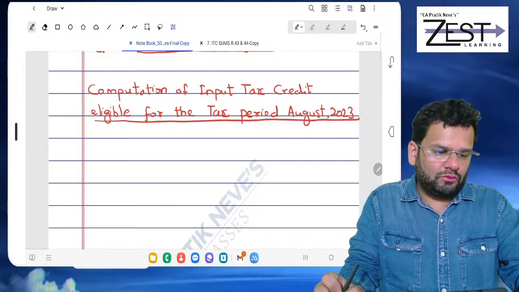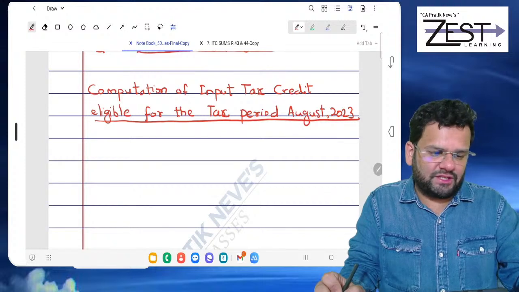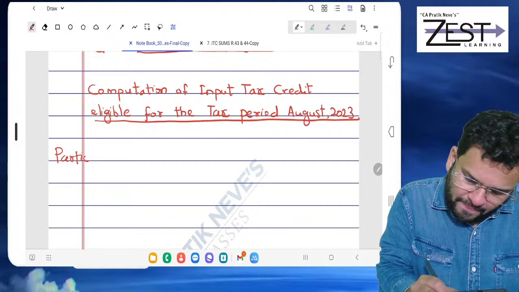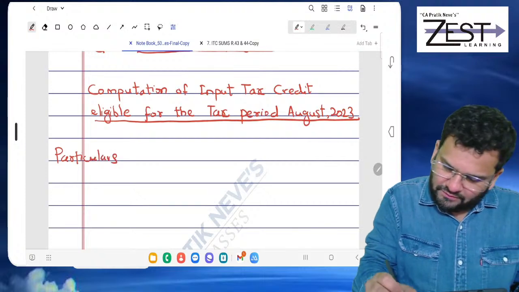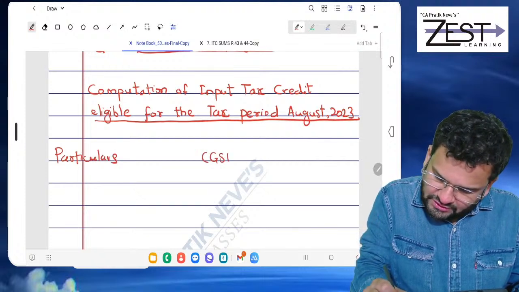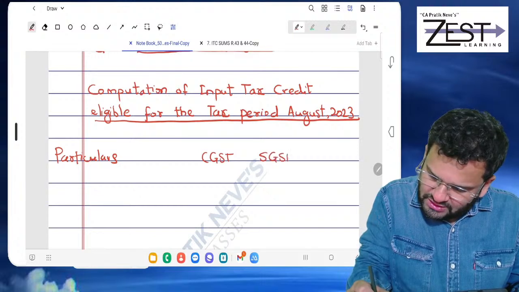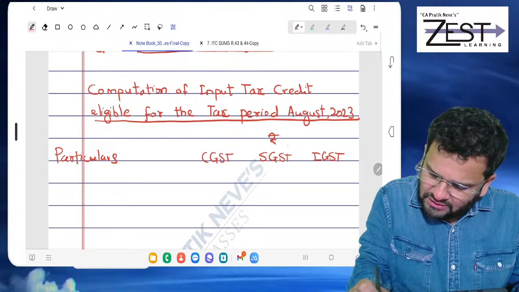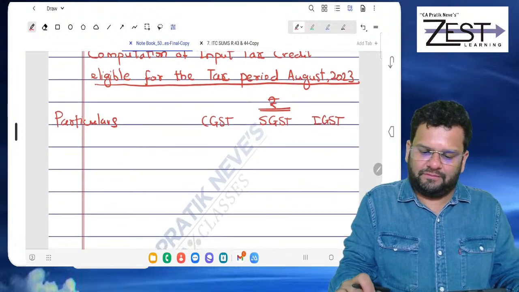So you will do particulars: CGST, SGST, IGST, and all figures in rupees.